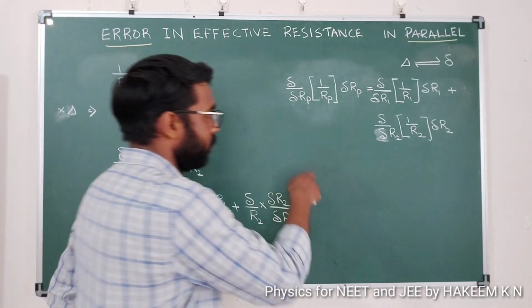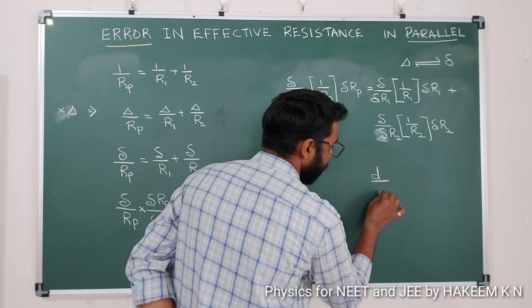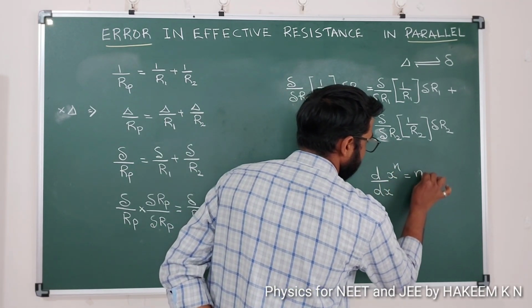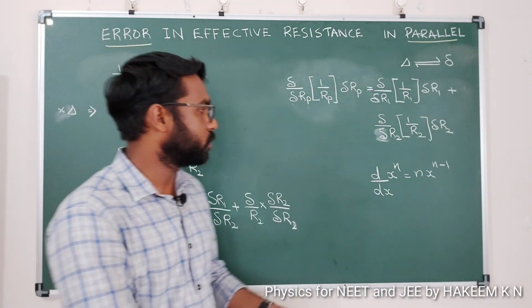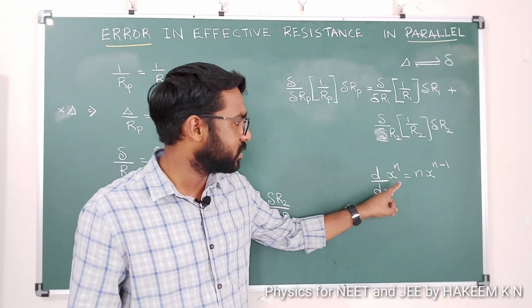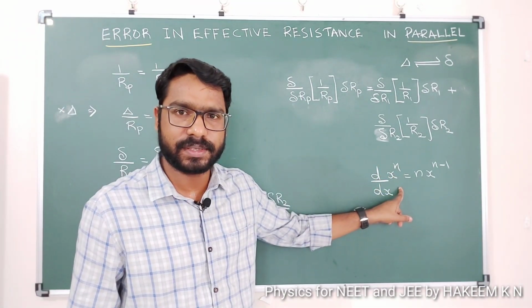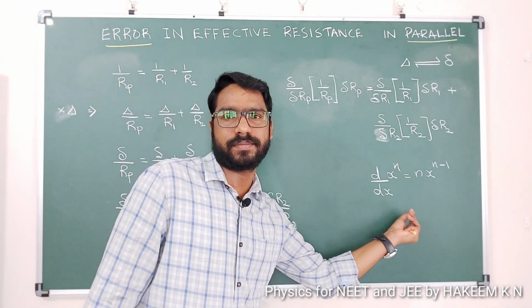Why I did it like this is, you know that d by dx of x raised to n means n into x raised to n minus 1. To differentiate a function of x, it should be differentiated with respect to dx.